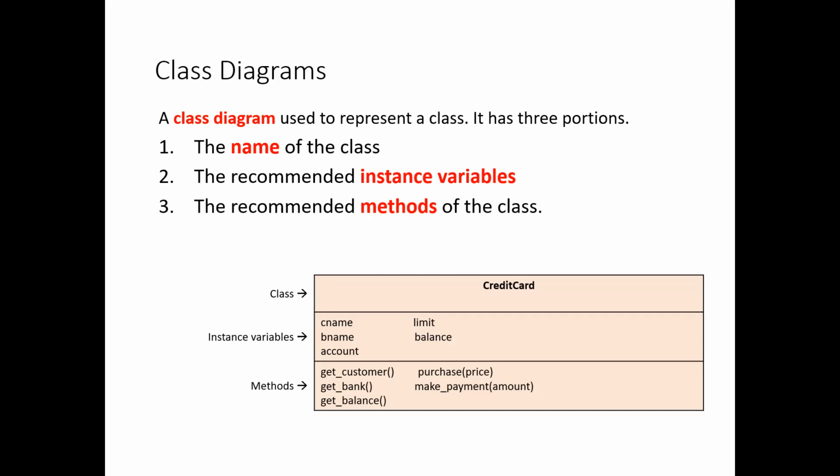But balance you can set to 0, because when you are initializing a credit card, the balance is 0 as it's not used. Shall we start with that small exercise? I'm going to switch to Colab.